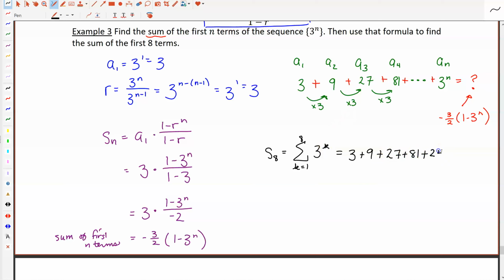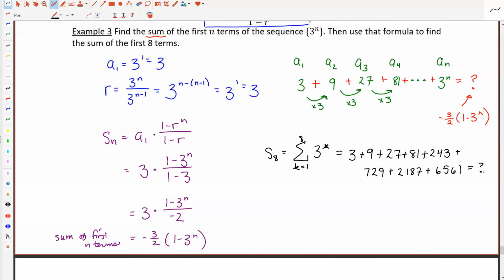Then 243. That would be the fifth term, or 3 to the fifth power. Then I would get 729. Then I would get 2,187. And then finally my 8th term, which would be 3 to the 8th power, that's where I'm going to stop my sum, is 6,561.